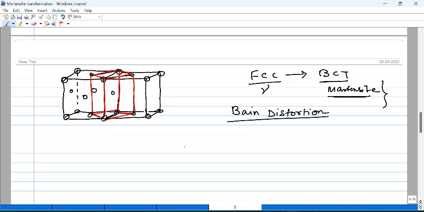We can, because you can see we can draw it inside the FCC unit cell itself. But does it look like an FCC? It does not. So if we just take it out, let me try and draw it outside over here somewhere.